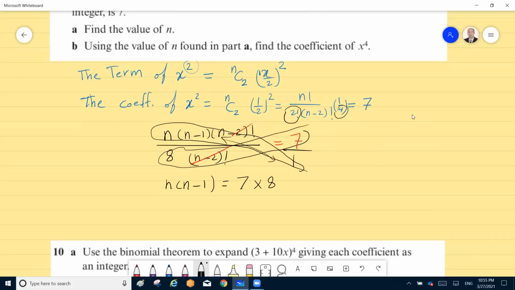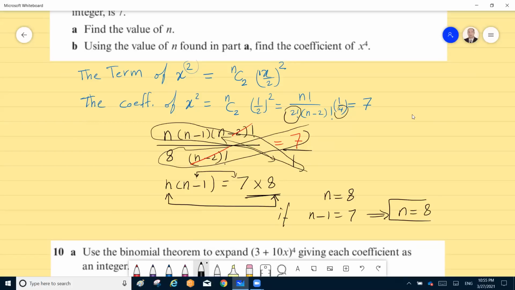You can compare: n and n minus 1 are 2 consecutive integers, the same as 7 times 8. So the bigger number matches the bigger number, and the smaller matches the smaller. If you take n is equal to 8, this is the answer. If you take n minus 1 is equal to 7, you will also get n is 8. So in all cases, n is 8. Okay.